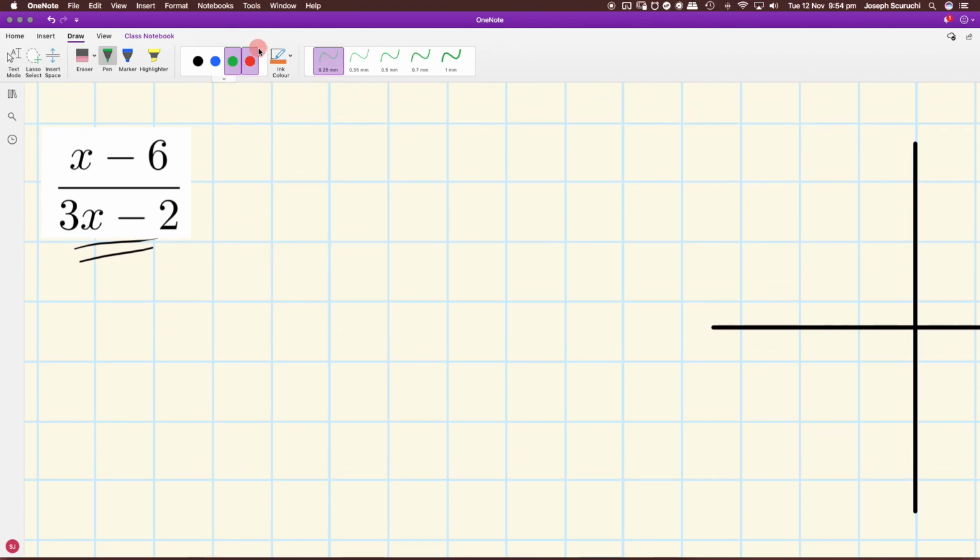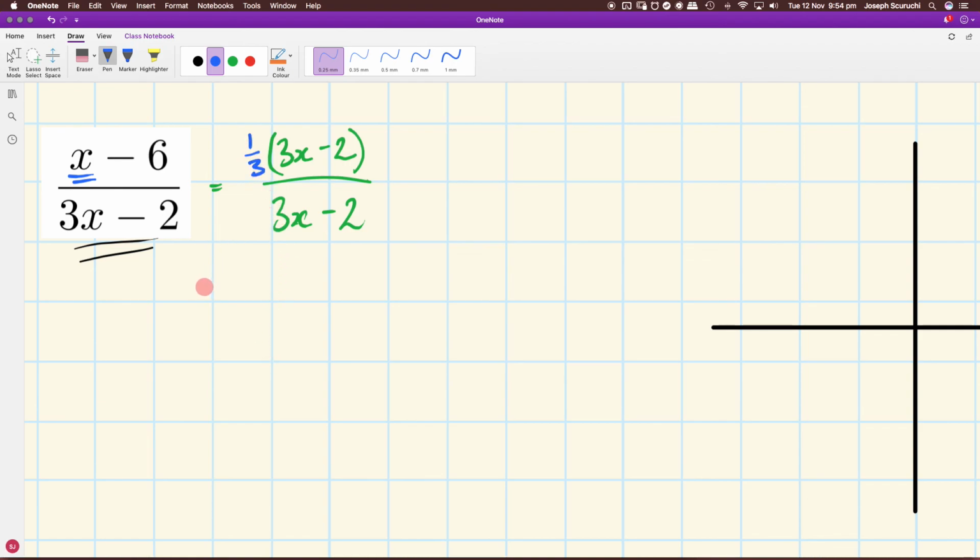The first thing I'm going to do is make my denominator the same, 3x minus 2. I'm going to bring this up the top. I realize that here I don't have any coefficient, so I'm going to have to get rid of this 3, and I'm going to do that by timesing it by 1/3.